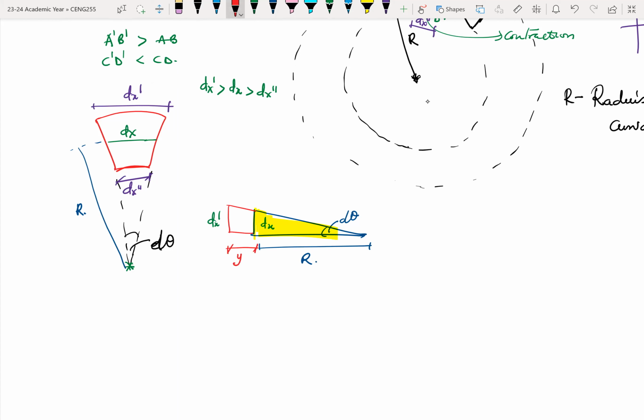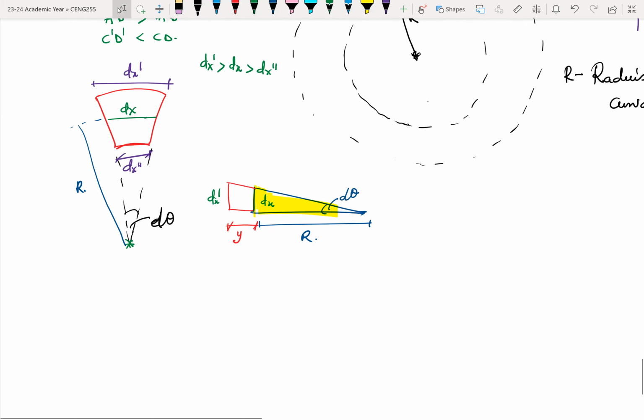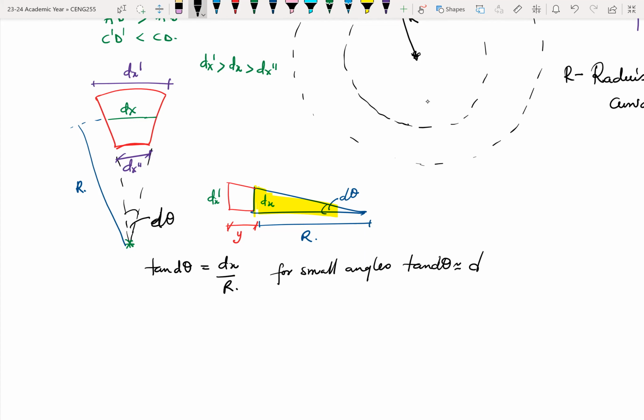Okay, so in this case, using the right angle theorem, I have my opposite, I have my adjacent. So it means that tan d theta is equal to dx over r. But then for small angles, tan d theta is approximately the same as d theta.